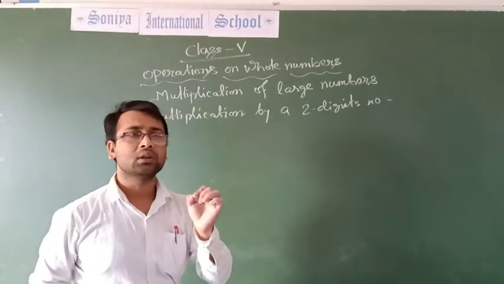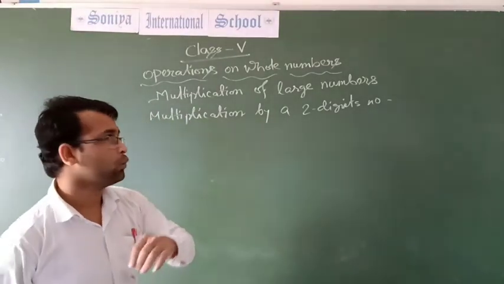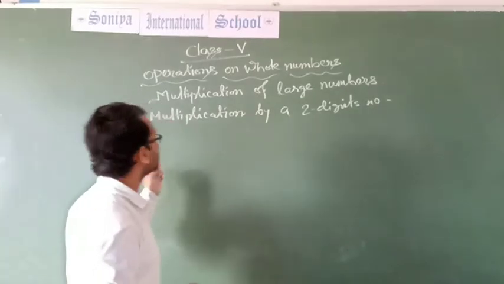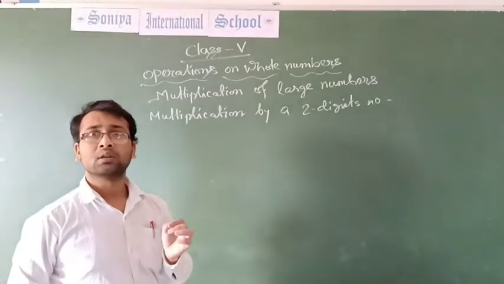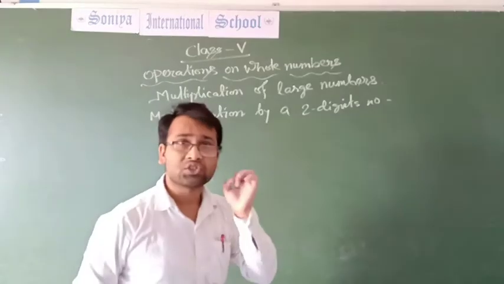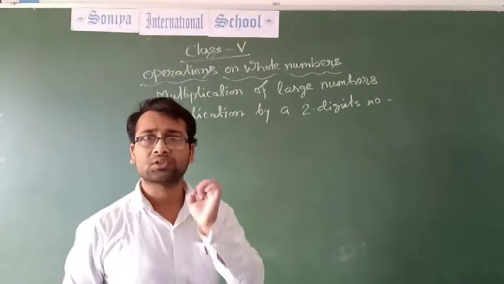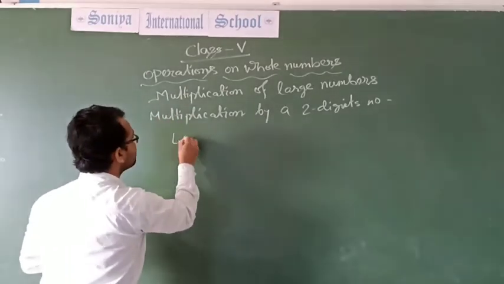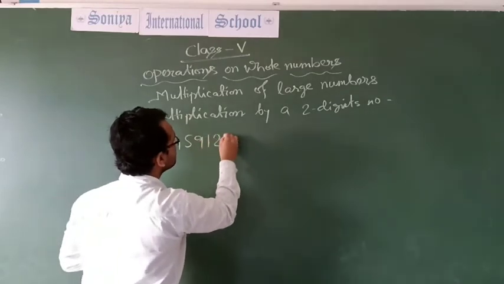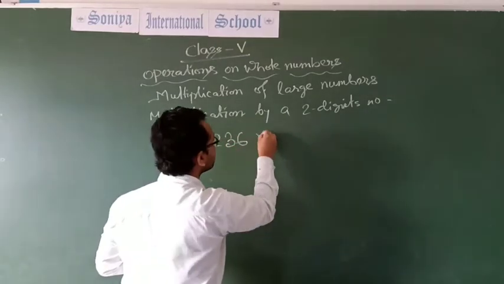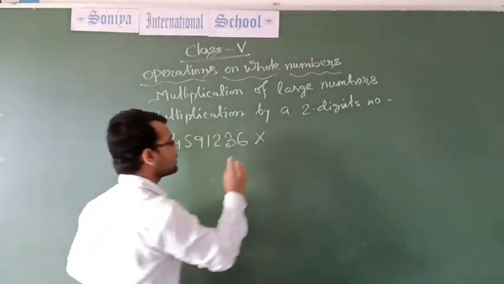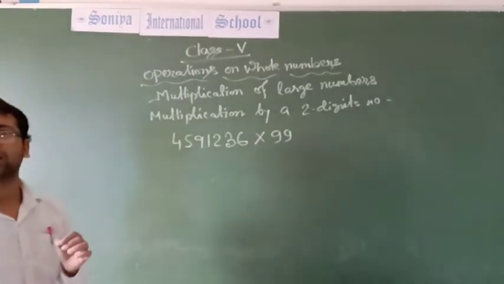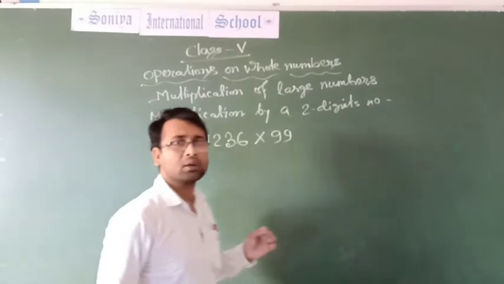Okay, let's see and understand how to multiply large numbers, or how to multiply by a 2 digits number, step by step. Now take an example: 4591236 multiplied by a 2 digits number, that is 99. 99 is the greatest 2 digits number.